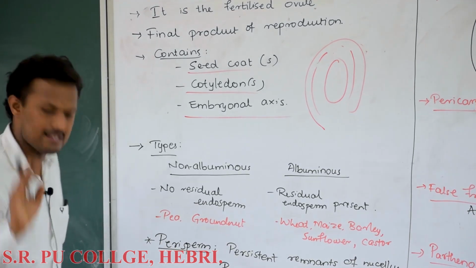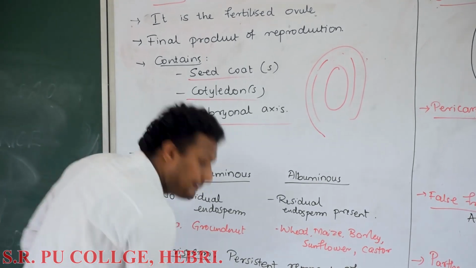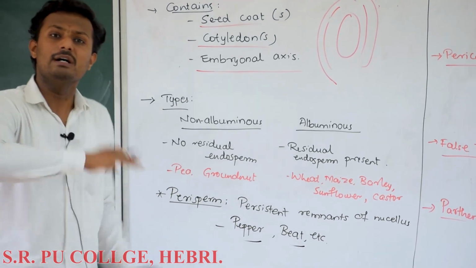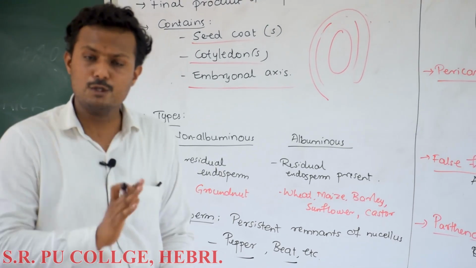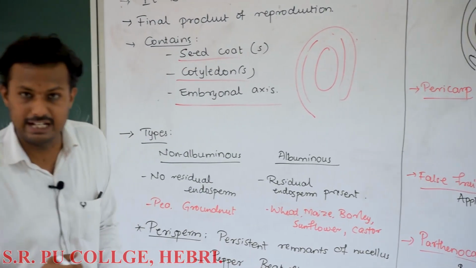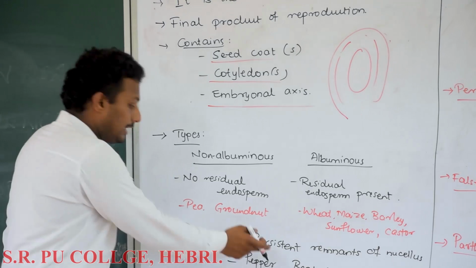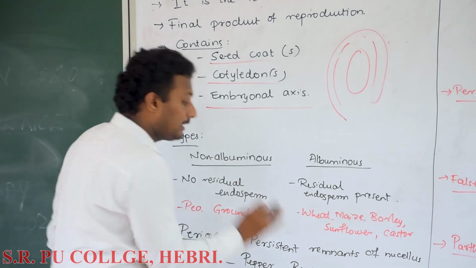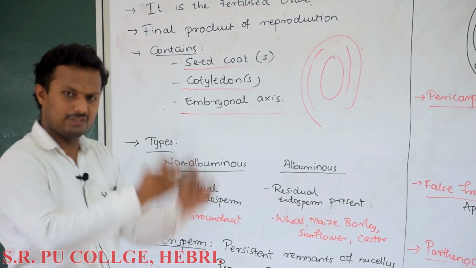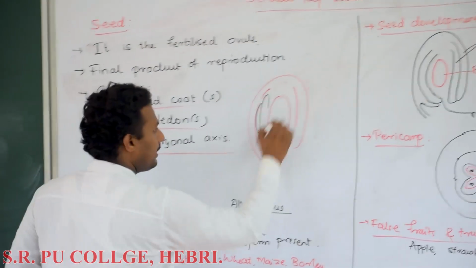But there are a few cases such as pepper, beet, etc. In some seeds, the tissue remains throughout, even after the germination of the seed. So such a persistent remnant of the nucellus. Okay, so endosperm or the nucellus, you know that. So here there will be the nucellus.